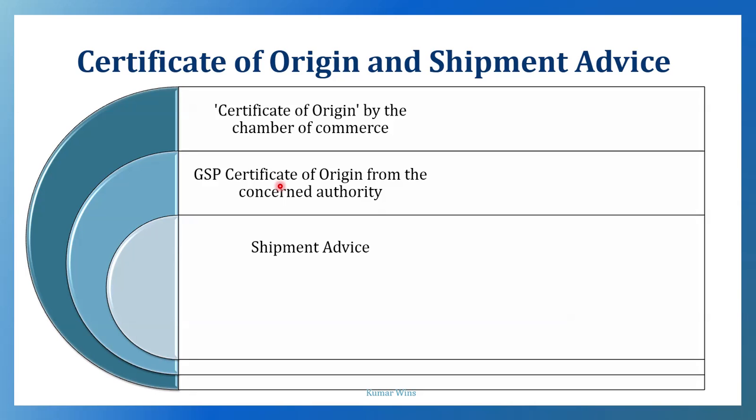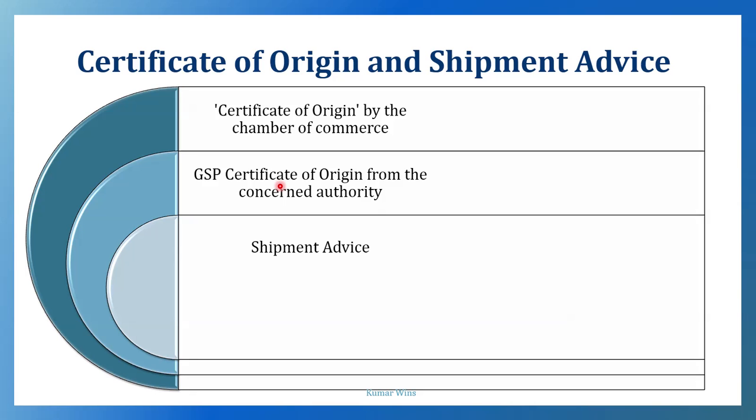This preferential treatment is given in the form of reduced or zero rates of customs duties. So wherever you find that the GSP certificate of origin is applicable, you will get some kind of rebate, or maybe you need not pay any customs duty. So this scheme benefits certain developing countries and integrates them into the world economy.